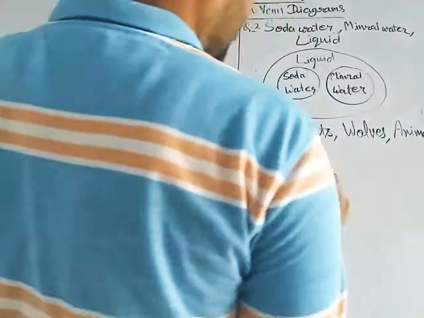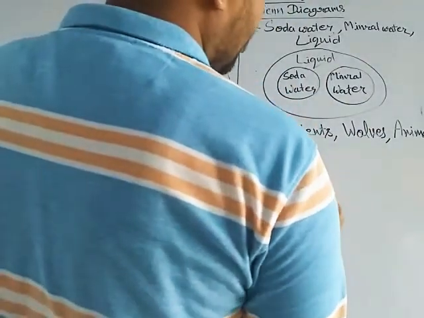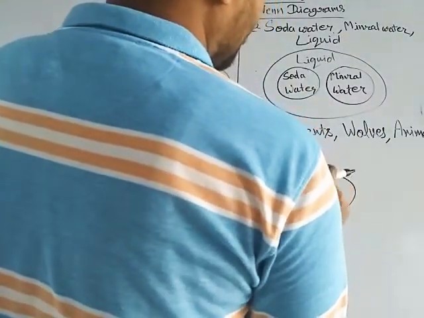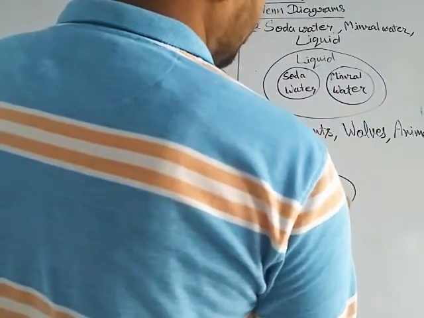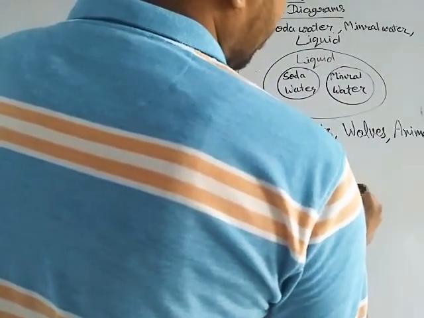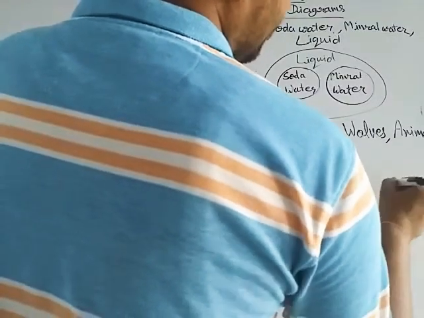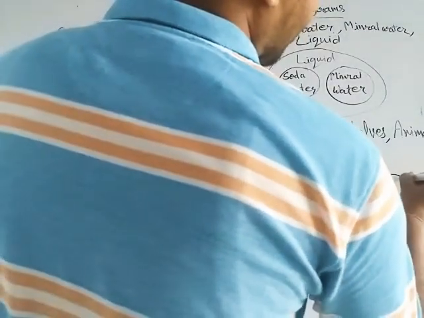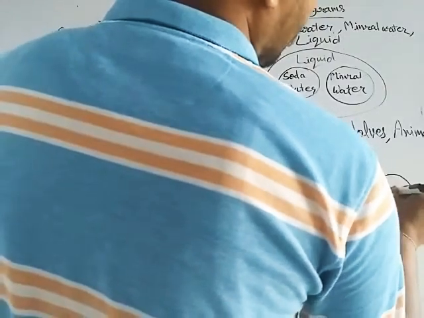Elephants and wolves are different from each other, so here is the circle for elephants and here is the circle for wolves.